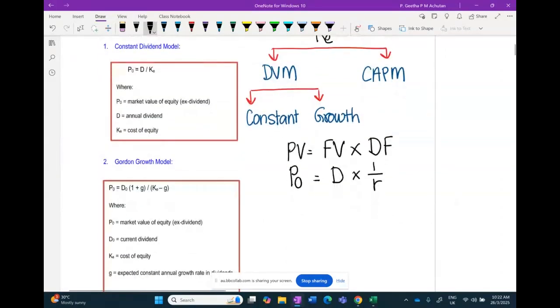So we can write this formula as D over R. And we can change the R return to KE because we're looking at shareholders' returns. So cost of equity is also known as shareholders' returns. That's the first formula you see there in the first box, the constant dividend model.